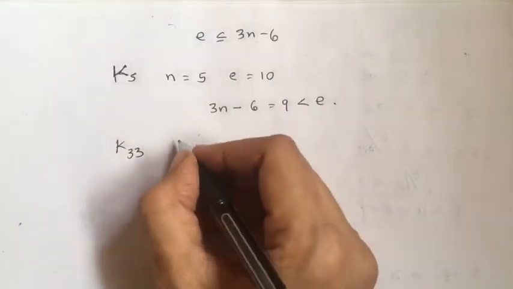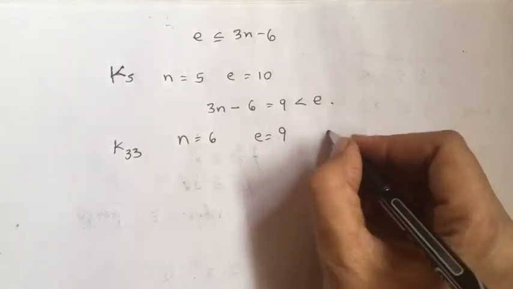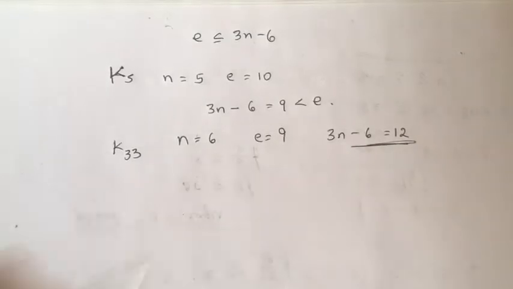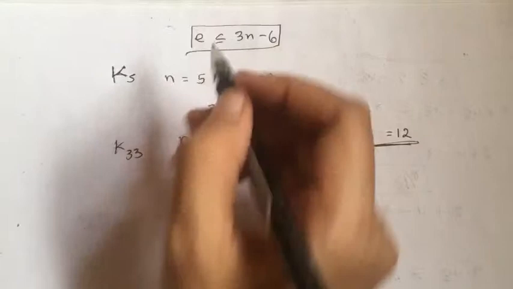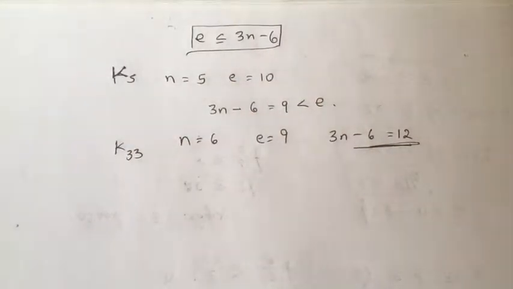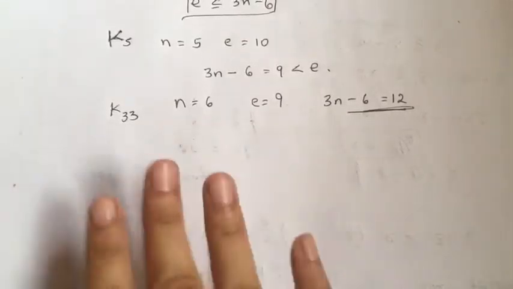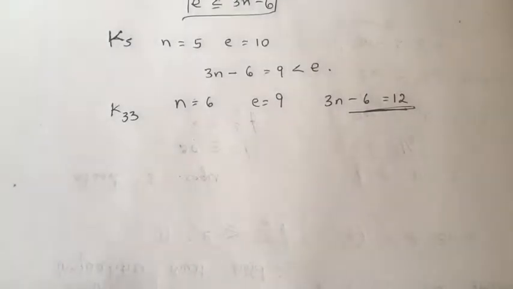Because when I consider K3,3, the number of vertices is 6 and the number of edges is equal to 9. So 3n minus 6 is 12. But still the graph is non-planar. Therefore, this inequality is a necessary condition, but it is not sufficient. In K3,3, there are no triangles. Therefore each region has 4 sides, so the graph should have a minimum of 4f by 2 edges.